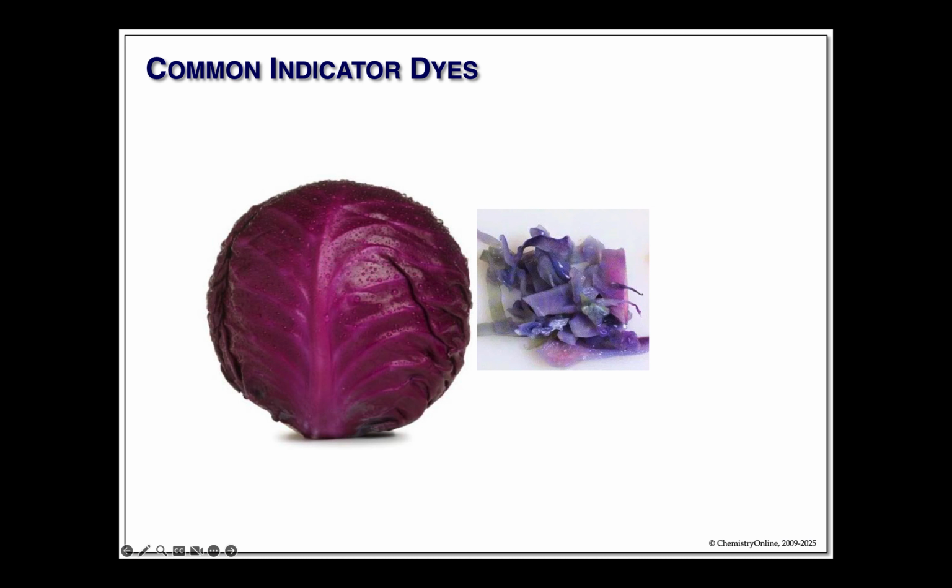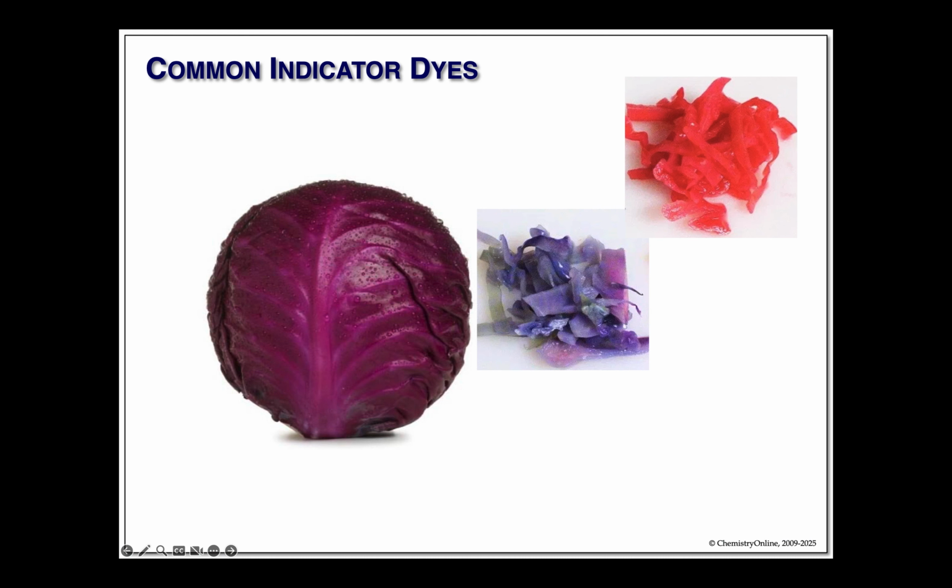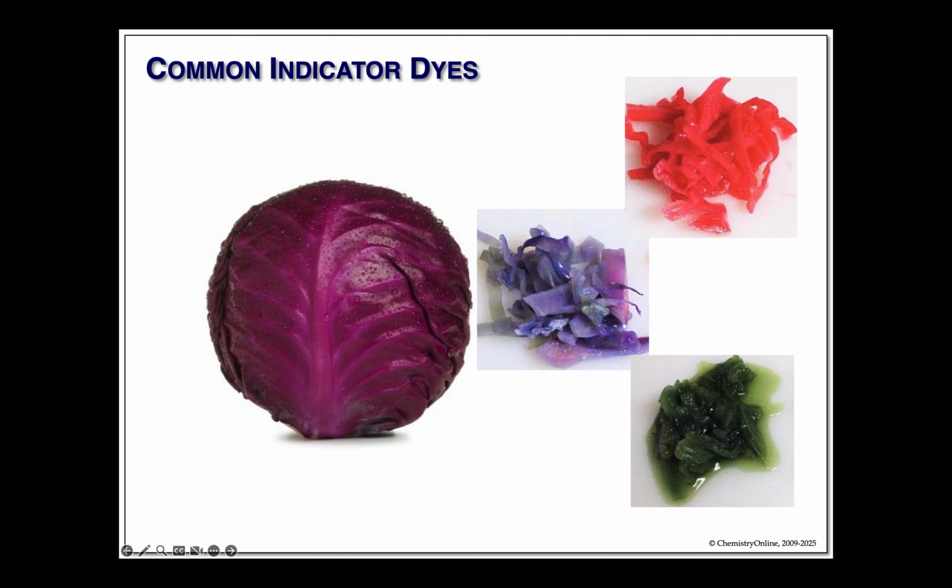That makes it acidic. You get lovely red. If you want to really be disgusting to your guests, you take and add a bit of baking soda, and you get disgusting green. Yeah. But these are good. Any questions?